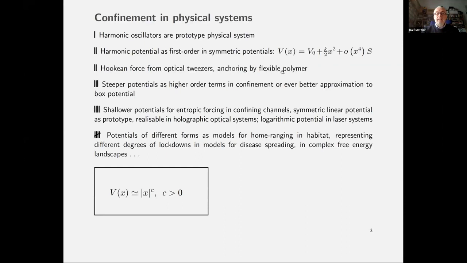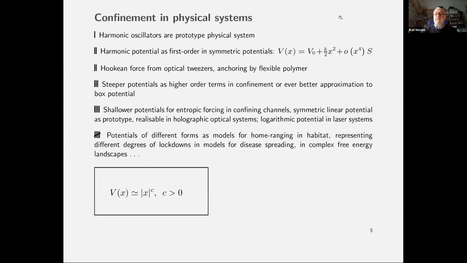performed in many labs. Steeper potentials might come as higher order terms in the confinement potential when this becomes relevant, or as ever better approximations of a steep box-like potential. Shallower potentials, on the other hand, can come from entropic forcing in confining channels.